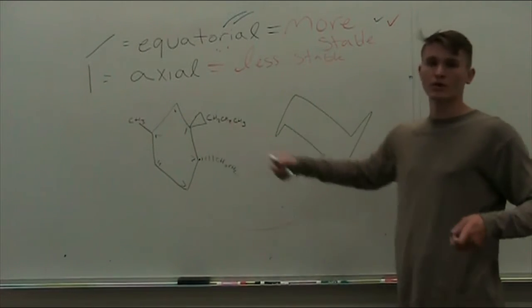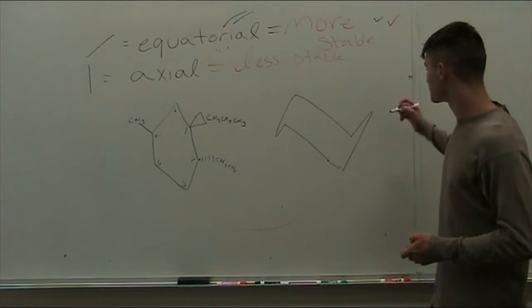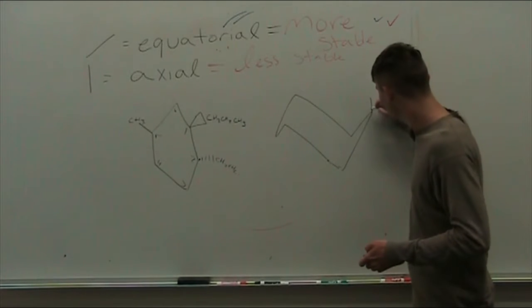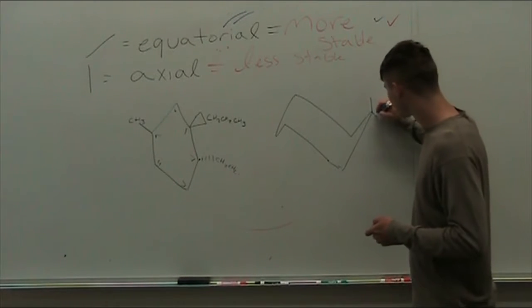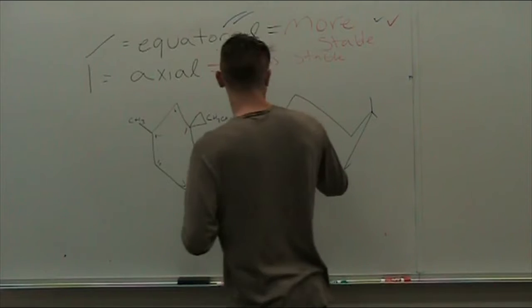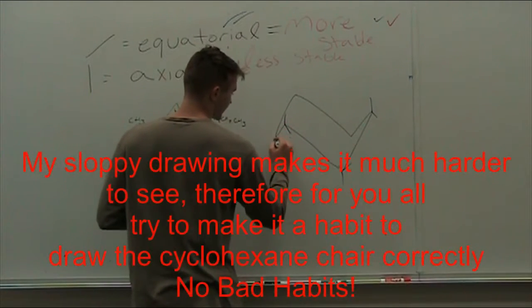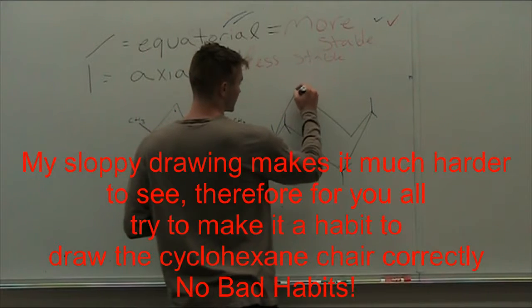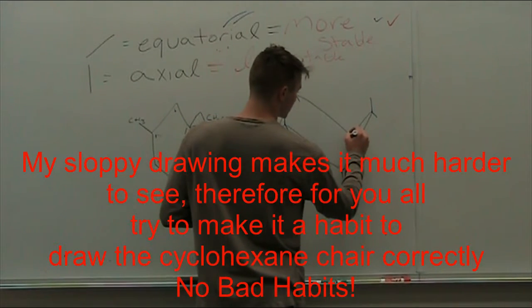So what do we know about wedges? Wedges are going up, and that's 1, 2, 3. That's a propyl group, so this is up. Let's go ahead and put our equatorial axial anyway. So up, down, we have down, up, we have up, down, down, up, we have up, down, and we have down, up.